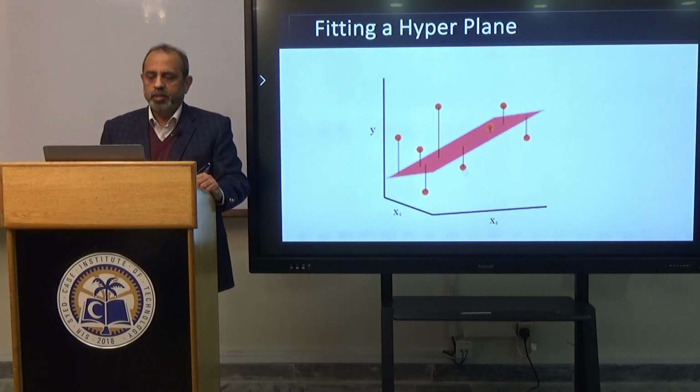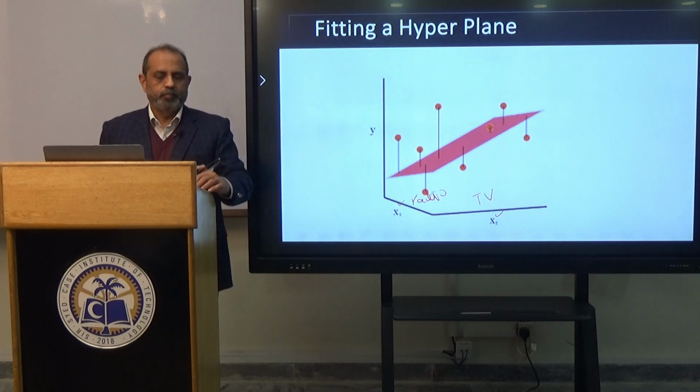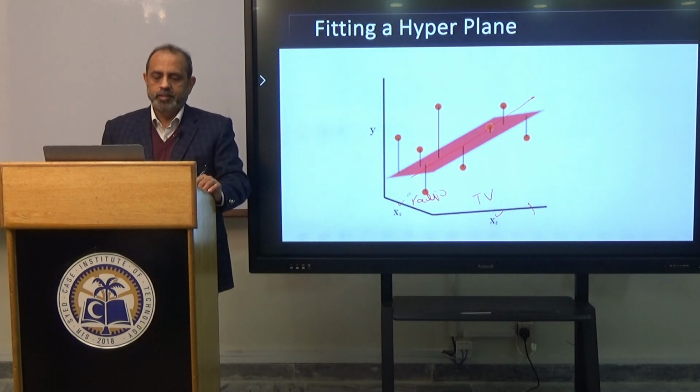So usually here, if there are two variables, let's say an ad on TV and an ad on radio, you can visualize that there is going to be a plane: if you increase the money on the ad on TV and the ad on radio, you have an increase in sale.